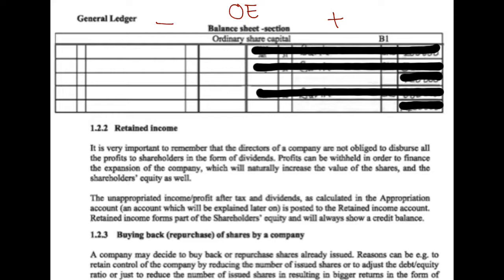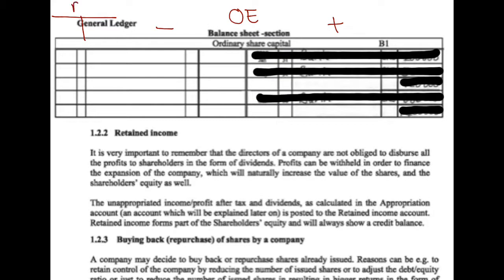The account will be debited then by bank, and bank will increase on the debit side. So let's go and see what the transaction would have been like January 31st.